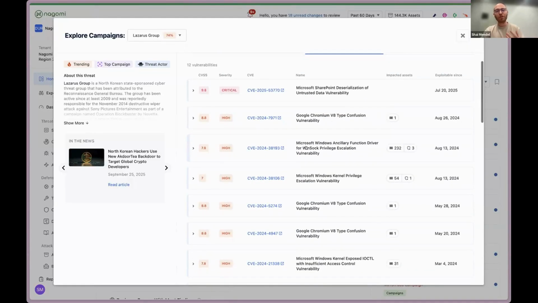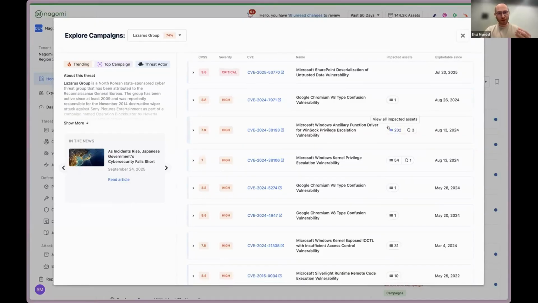One is automatically understanding which vulnerabilities are being utilized by this active campaign, active attacker. This is an example of a few articles of that attacker. But also which of those vulnerabilities exist in your environment. And in some cases, maybe you have some assets that not only have this critical vulnerability on them, but they also lack critical controls.